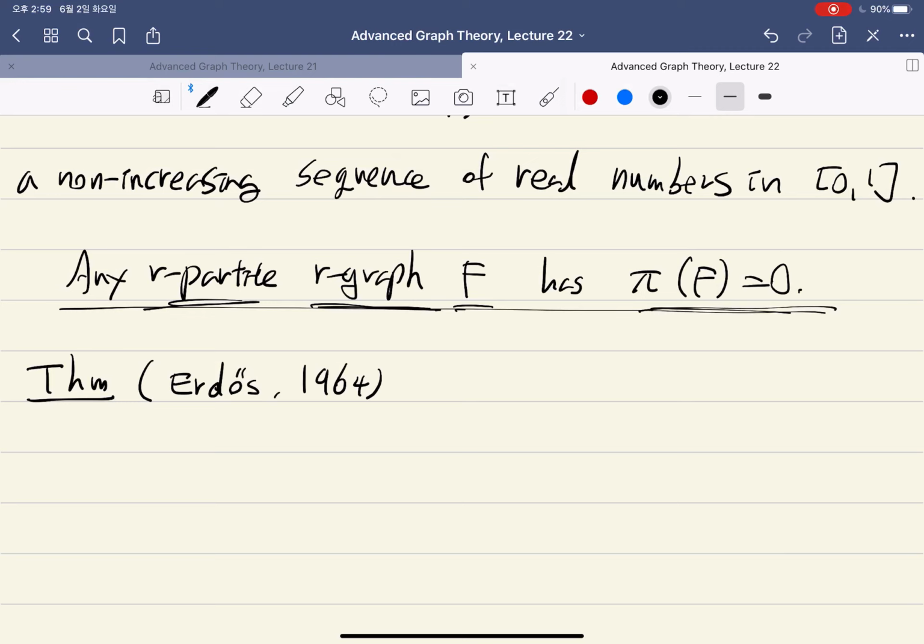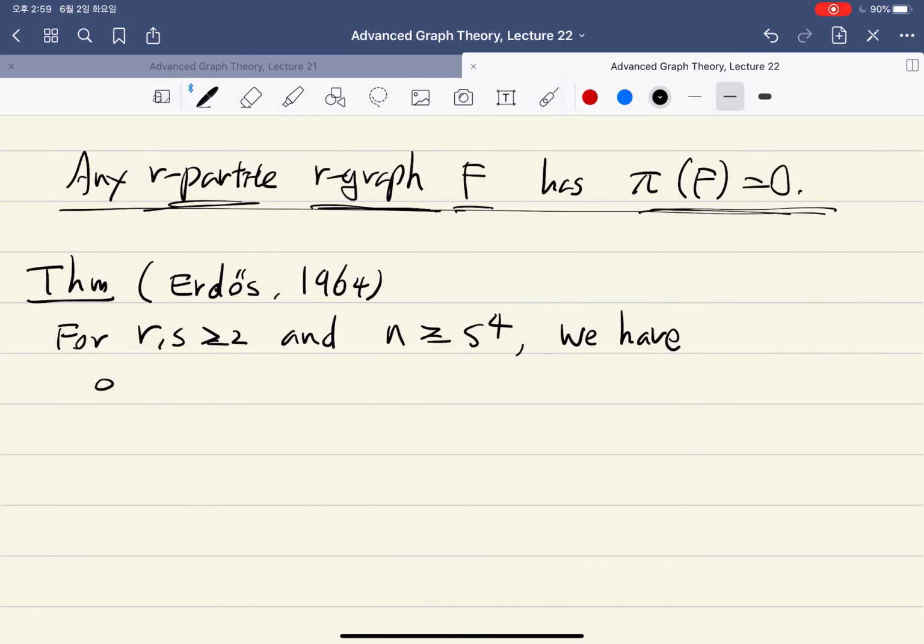So what Erdős exactly proved is that for given R and S, and say n is big enough, we have that the extremal number of n and the complete R-partite graph with S vertices on each set is at most n to the R minus 1 over S to the R minus 1.